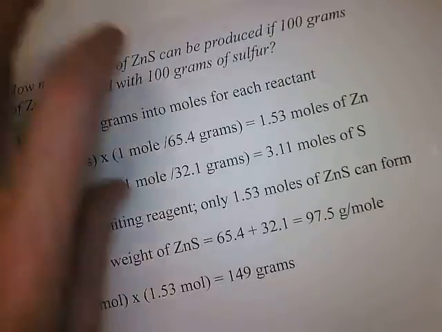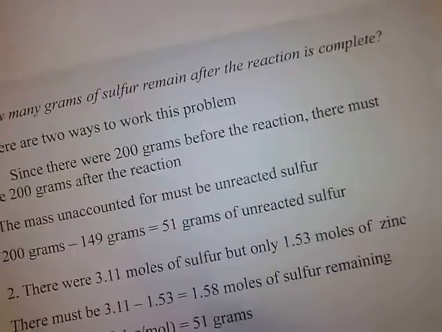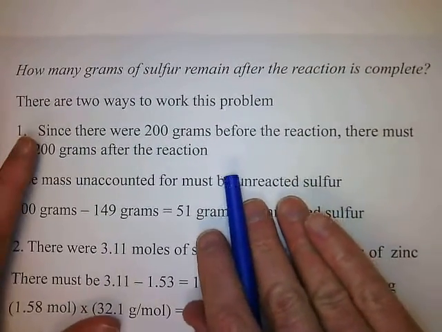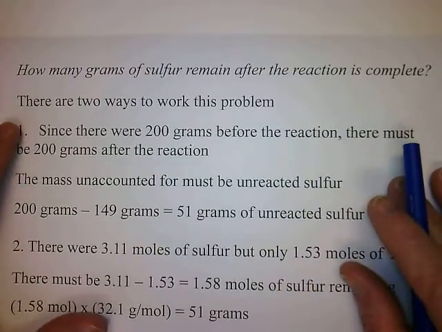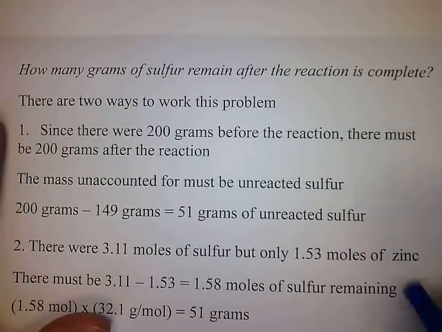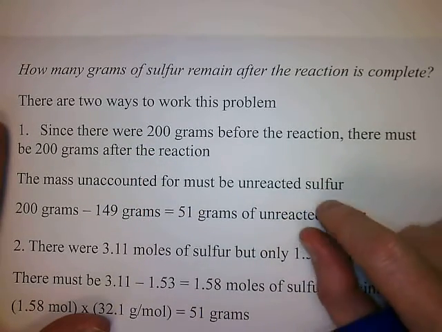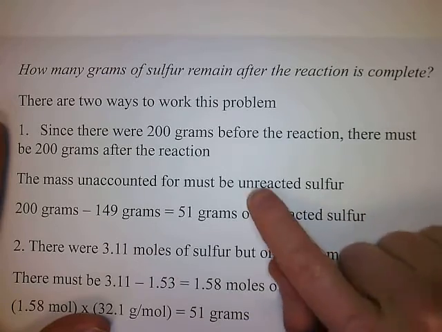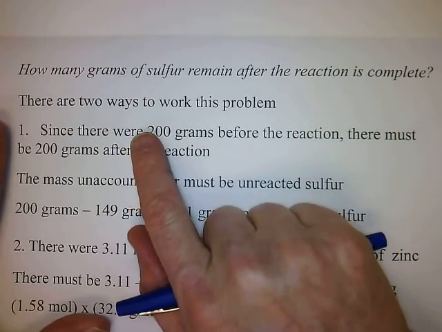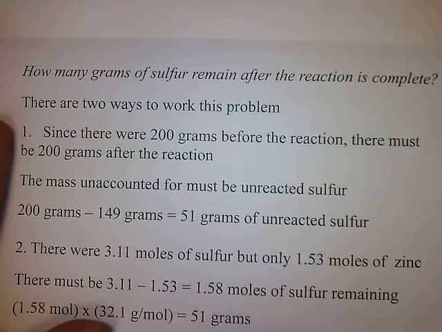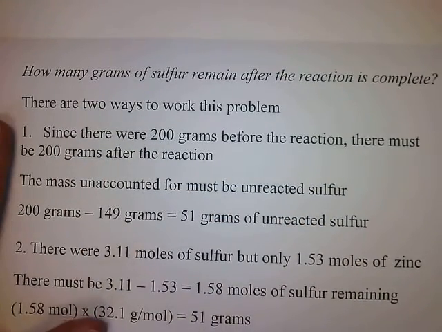And that is the next part of this problem: how many grams of sulfur remain after the reaction is complete? There are two ways to work this problem. Probably the easiest way is the way I just did it. You can practically do it in your head. Since there's 200 grams before the reaction, there has to be 200 grams after the reaction.